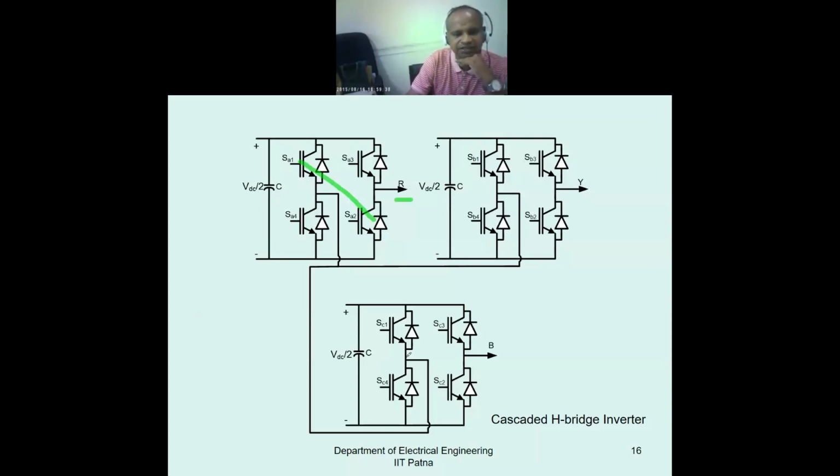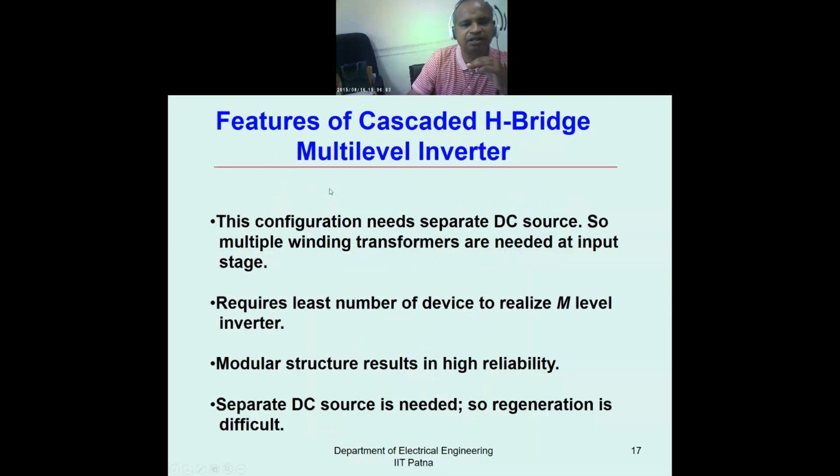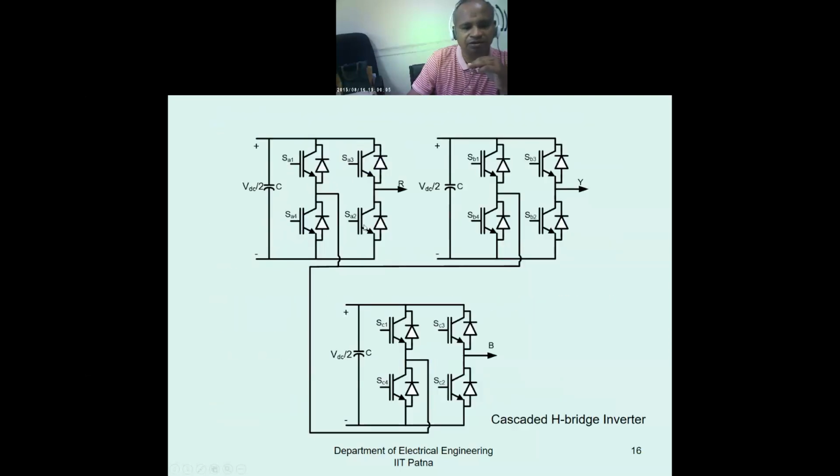Then it is connected here. And when these two switches are on, you get plus VDC by 2. So at each point here, you get plus VDC by 2, and the others are not connected. So when you connect here, when S1, S2 are on, you get plus VDC.